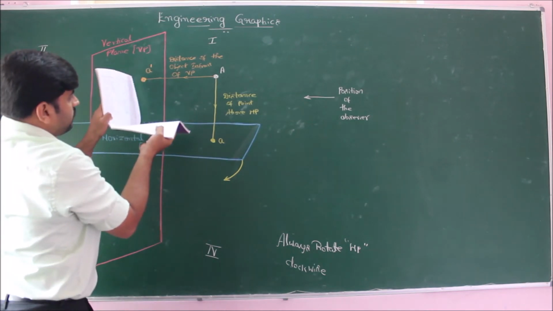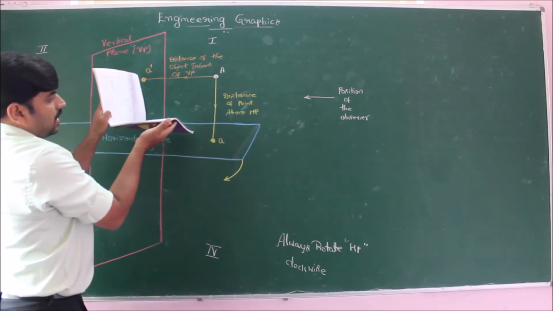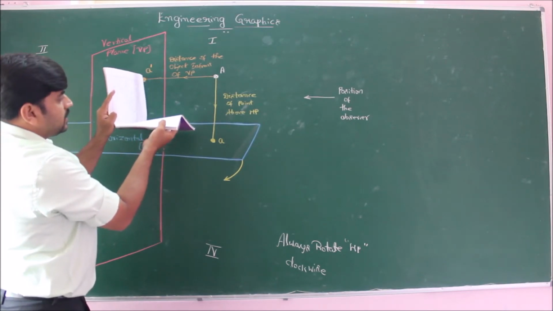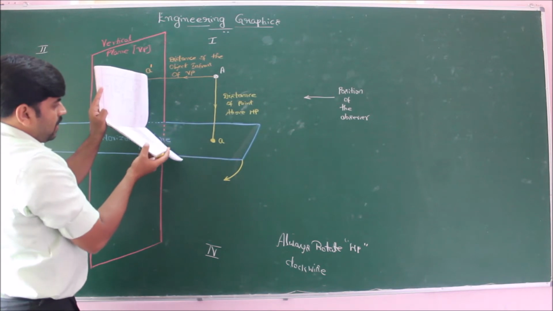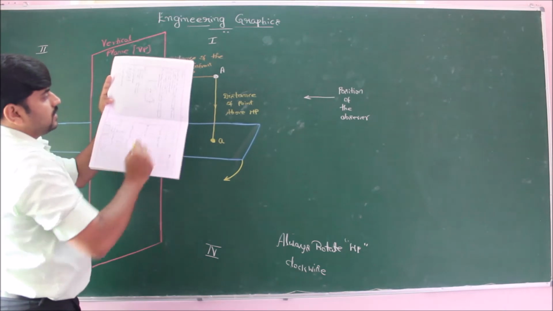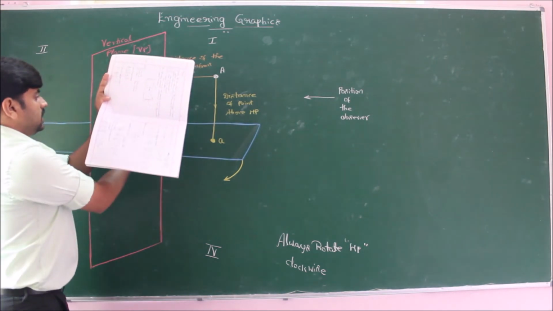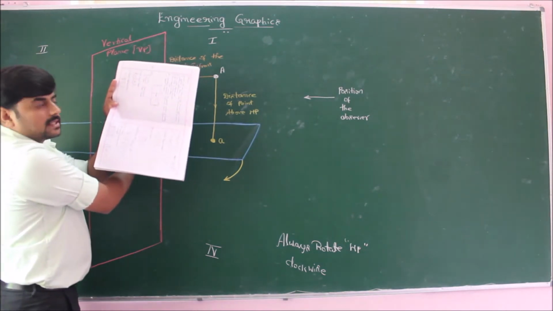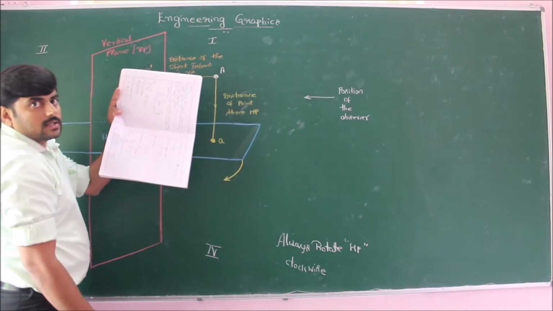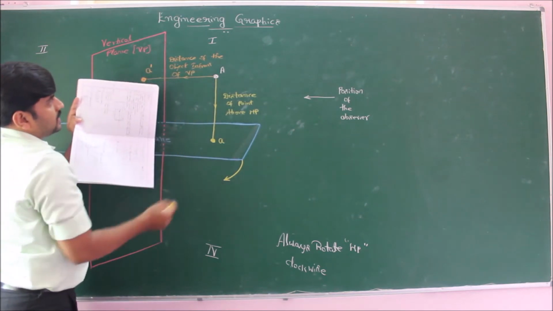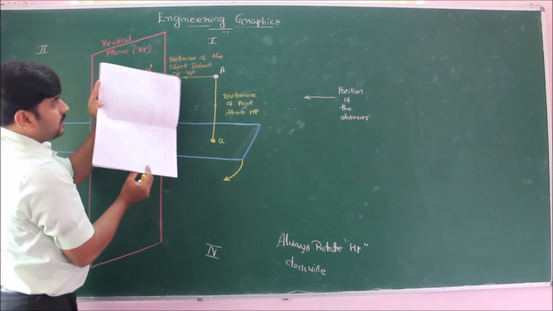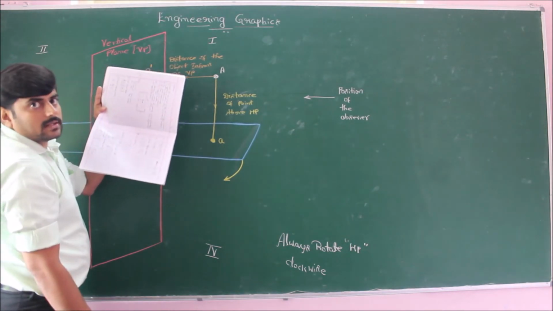So this is what we have. This is the horizontal plane and this is the vertical plane. Now after taking the projection, one should rotate the horizontal plane clockwise. If I rotate the horizontal plane clockwise, now above this intersection of vertical and horizontal plane we have the vertical plane, and below we have the horizontal plane. So in the first angle projection, the horizontal plane will come below the XY line and the vertical plane will come above the XY line.